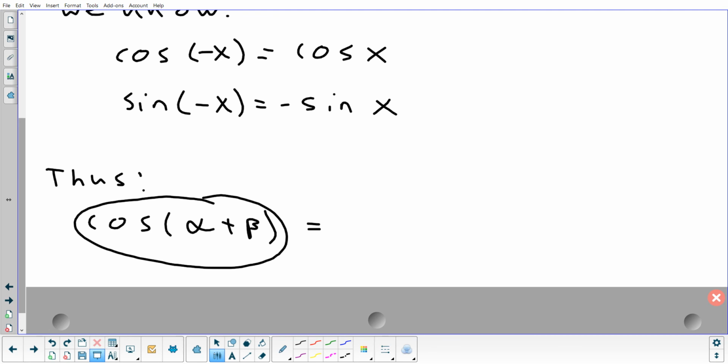So somehow we have to use the cosine of a difference formula to figure this out. If we can rewrite this as cosine of a difference, then it's going to become more familiar because we have a formula for that. How can I write cosine of alpha plus beta as a difference?